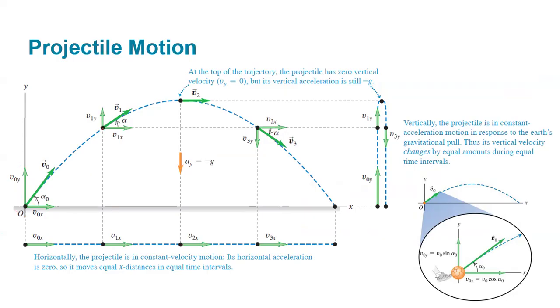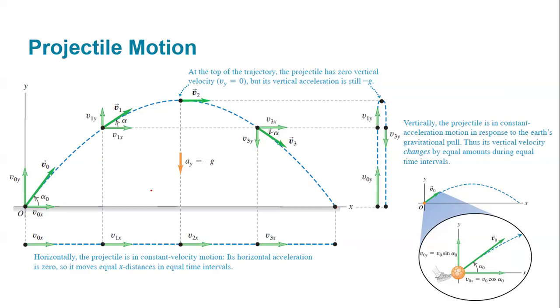At a later time t, you can see that v sub y is positive, and v sub x is the same as the initial velocity. At this point v sub y is positive, but at the highest point v sub y is 0, and when the particle is going down, the velocity v sub y is negative.